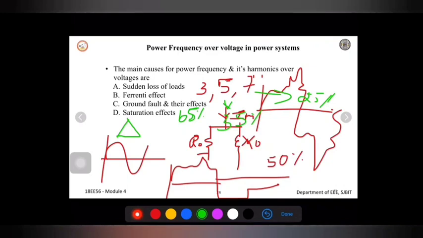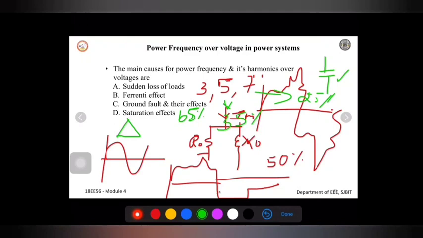We may give compensation where the capacitors are connected in parallel to your transmission line near the transformers, as well as the line capacitance, which will create a resonance circuit that will once again cause third harmonic overvoltage.